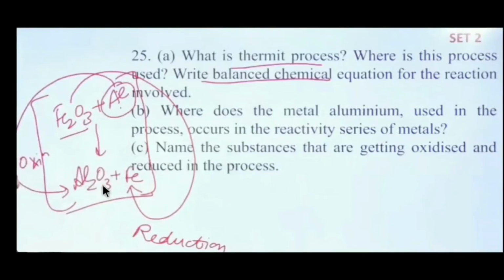So Al2O3 is formed, and reduction of Fe. So oxygen is lost, so it gives only Fe.